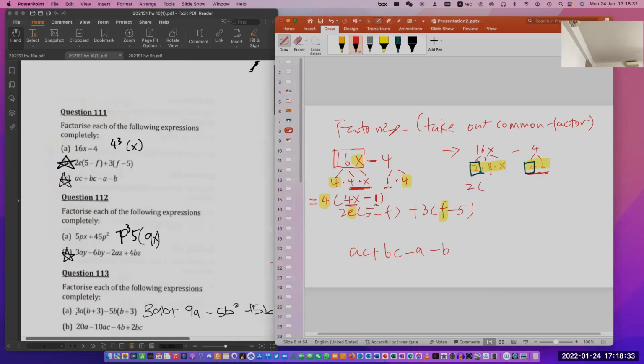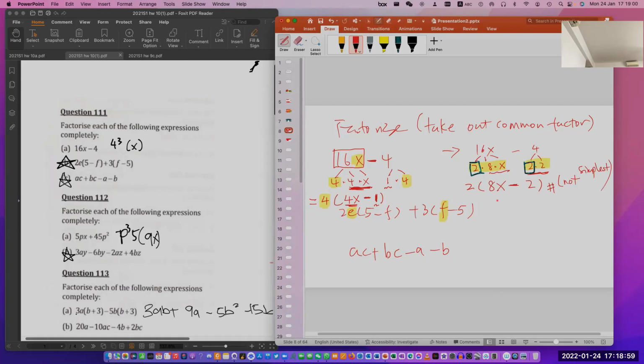If I take out the 2, I have 8x left. The minus sign is in between, so I put a minus sign. And then if I have taken out the 2, I have 2 left. So you will end up with this. My next question is, if you have taken out 2, in fact this is not the simplest.